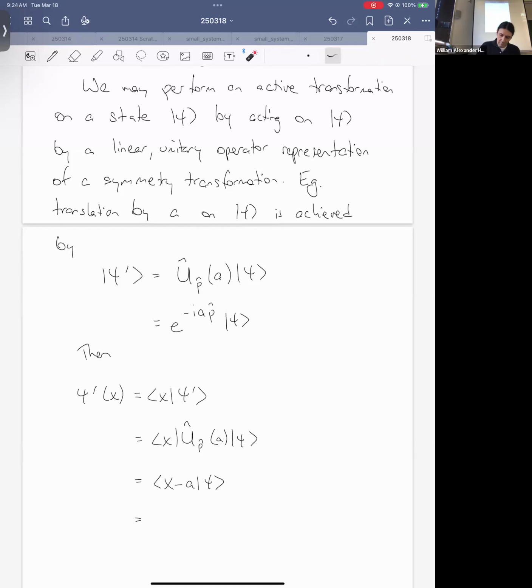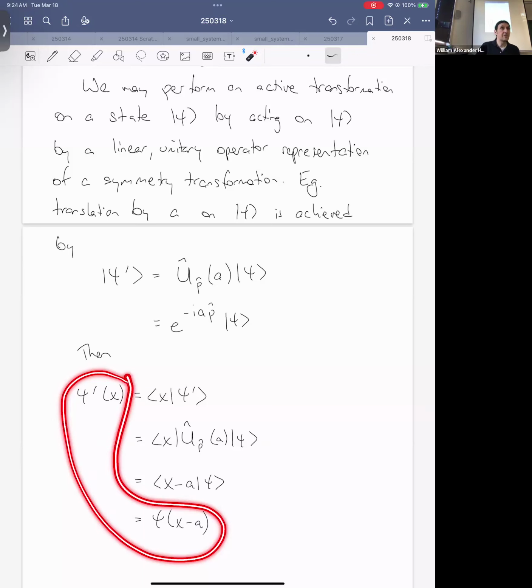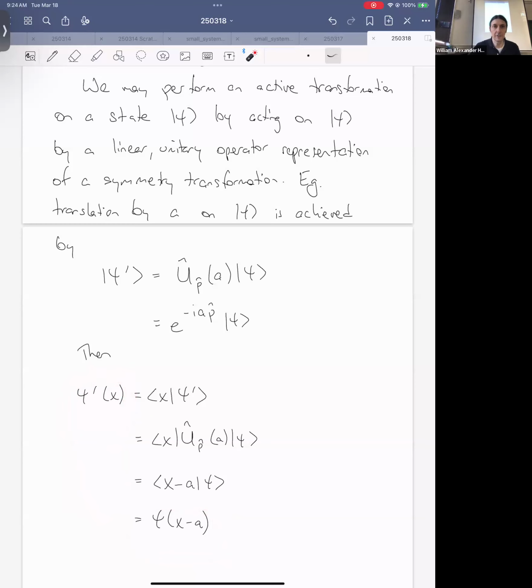And so what do I call this amplitude? Yeah, exactly. It's psi of x minus a. And isn't this exactly what we said before? I had f prime of x is f of x minus a. So it's exactly analogous.